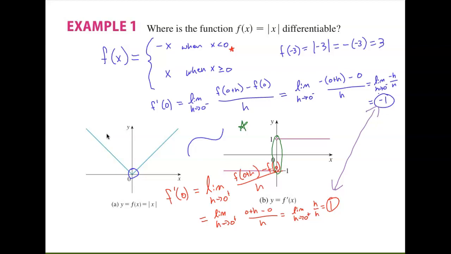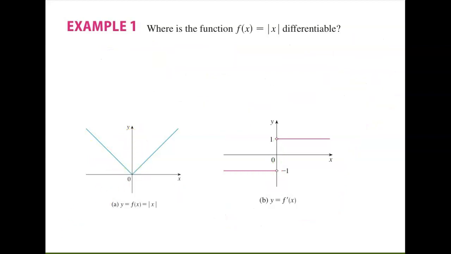Well, if we do that on the absolute value function, the tangent is 1 on this side, negative 1 on this side, and they don't approach the same thing from the left and the right. Versus on a smooth curve, your tangents are going to approach the same value whether you come from the left side or the right side. Does that make sense? All right. We're going to move forward.